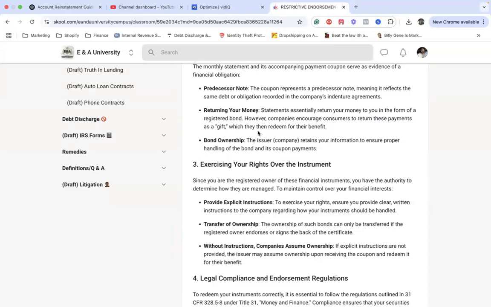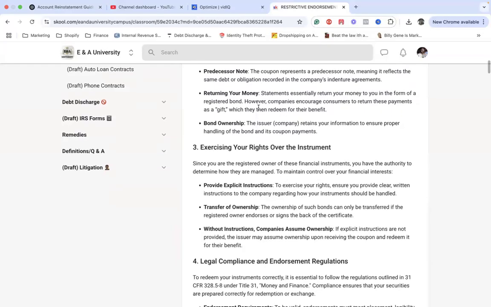I've done you guys the due process of simplifying it so that it's comprehensible. But you kind of have to have a little bit of foundation when it comes to this stuff, because if you're going to be potentially getting on the phone call and challenging these companies or discussing these instruments with them, you have to have a little bit of background so you can articulate exactly what you need to get done.